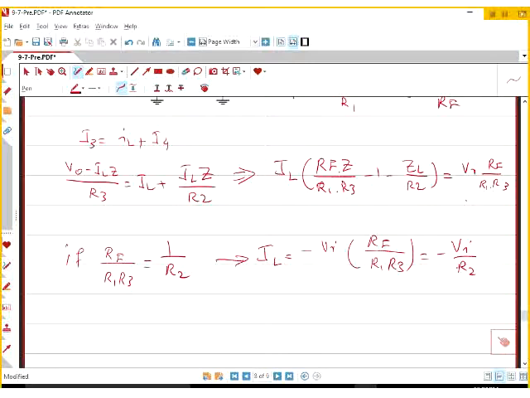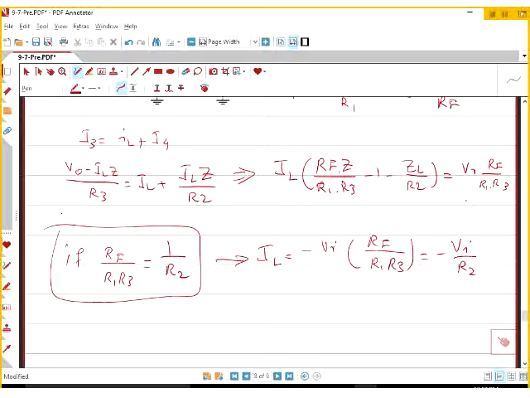In the final equation, do you see any Z or ZL or load? No. The trick is this part of it. This part is very important. If you choose that part, your output current is only a function of input voltage, nothing to do with your load. That's the current source.